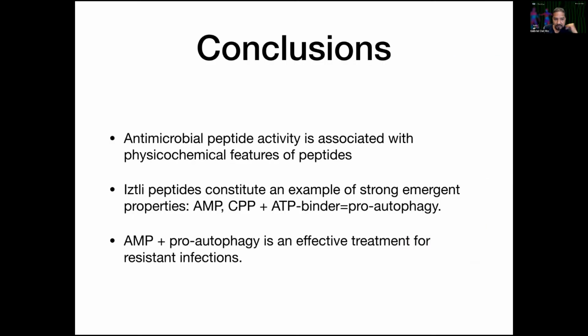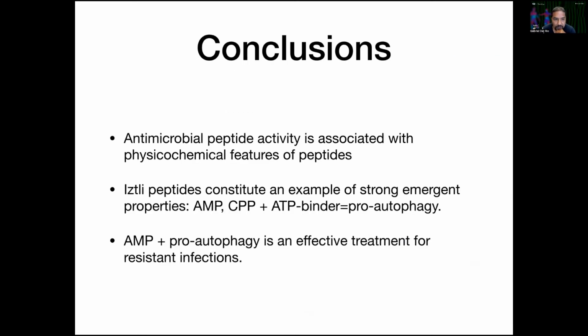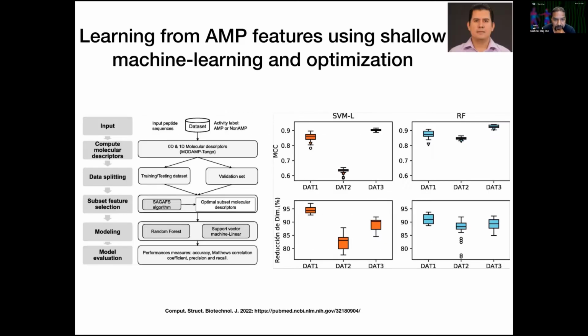So having this capacity to predict antimicrobial peptides, now we can start doing many different things that I haven't mentioned so far, and I won't describe in detail, but I just want to give you this example for you to think about it.